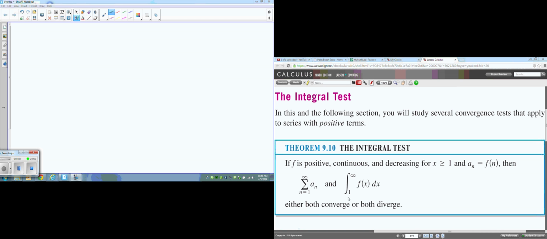So this is a test for convergence, and it can also prove that a certain series diverges. All you have to do is find a function that matches your series at all integer values of the independent variable. So let's take a look at an example.